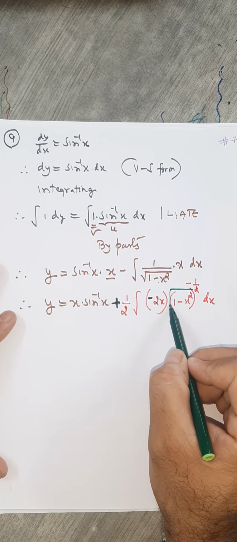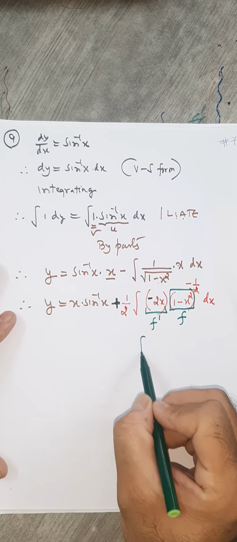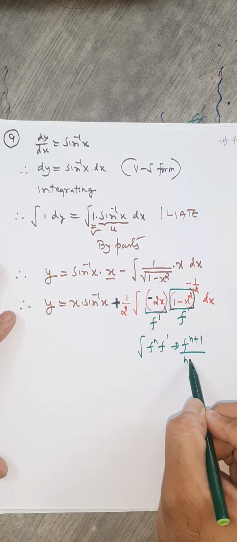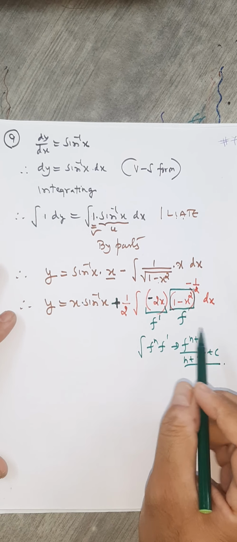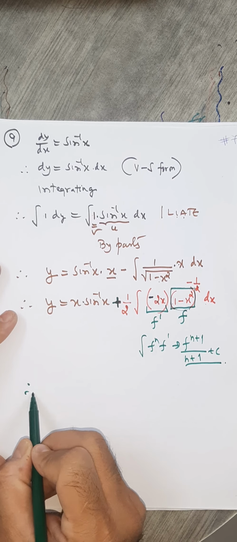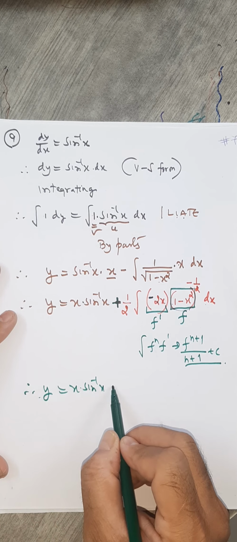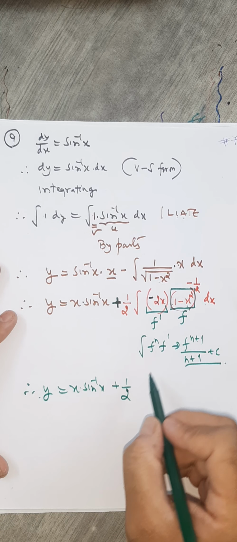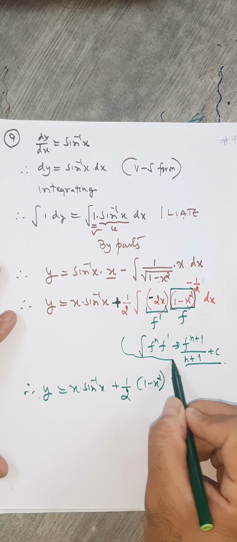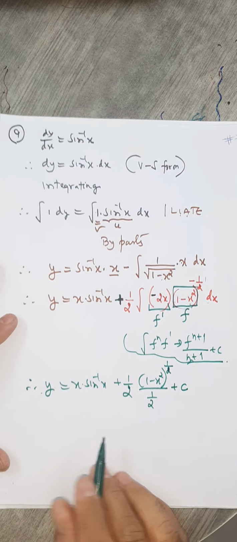Now आपको याद होगा एक फार्मूला था, this is f raised to n into f dash. Which formula? F raised to n into f dash, if you remember. Raise the power by 1 divided by the same number plus c. अगर वो नहीं करना है, you take this as t, इसको t ले लो तो भी आ जाएगा. You can just verify here. I'll write therefore y equals to x sine inverse x plus 1 by 2, raise the power by 1, 1 minus x squared, इसका पावर में plus 1 कर दो, so ये हो जाएगा half upon 1 by 2 plus c.